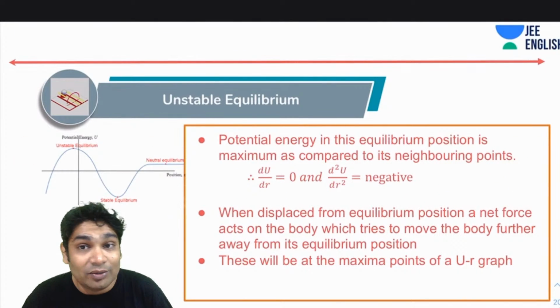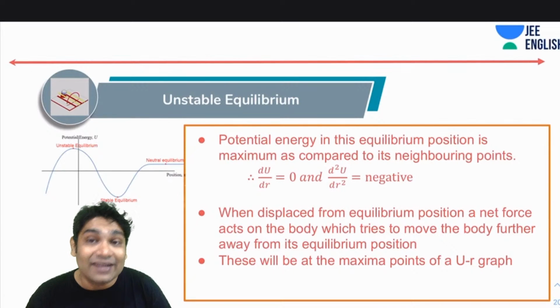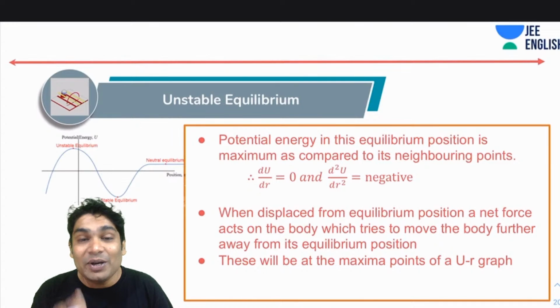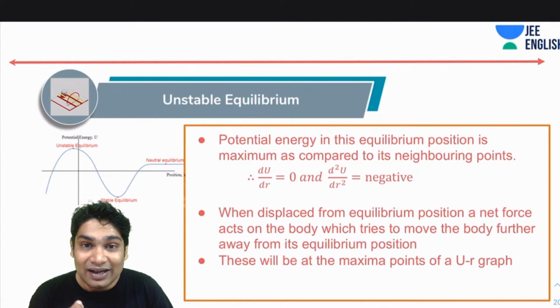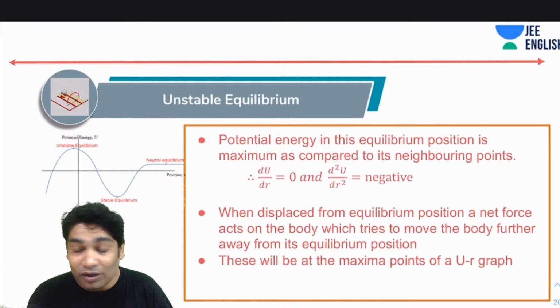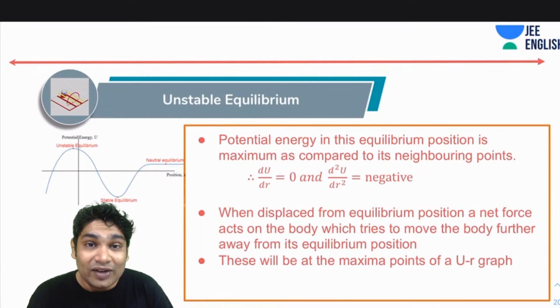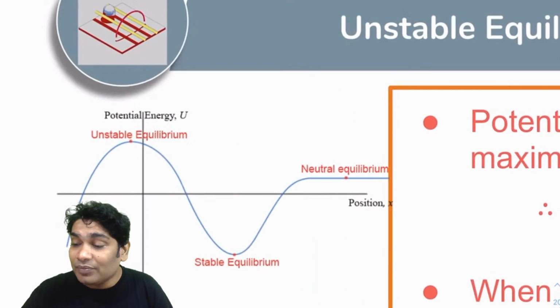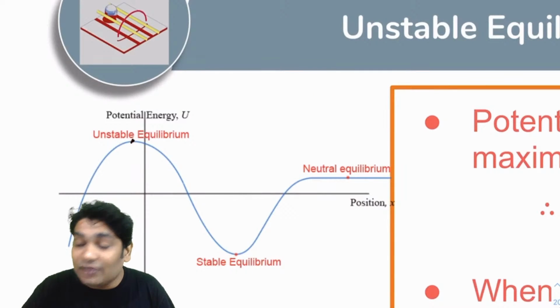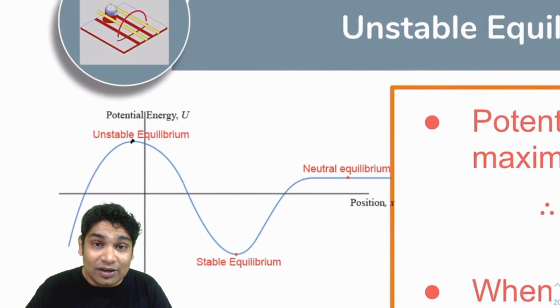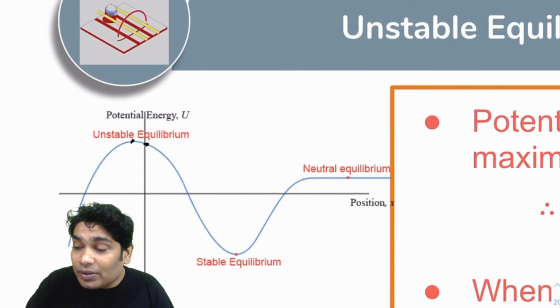Next, unstable equilibrium. The potential energy at this equilibrium is the maximum compared to its neighboring points. Points always want to attain minimum potential energy situations. Here it is in equilibrium because the slope is 0, so the force acting on it is 0. But the moment I push it here, it will move forward; the moment I push it here, it will go backward.